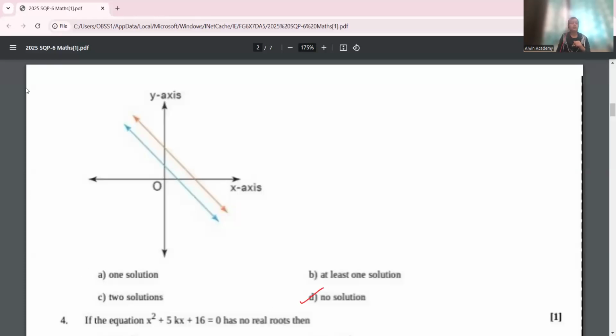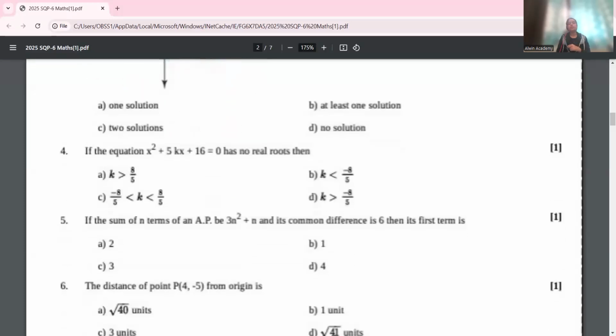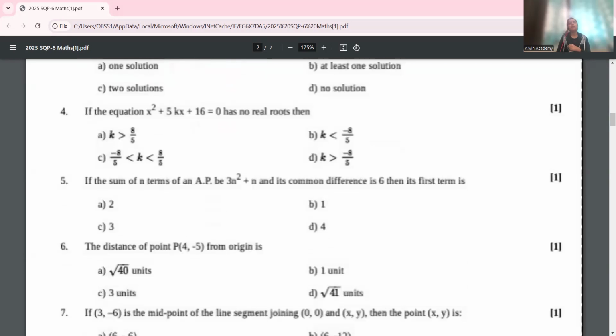Going to the next question, two equations. If the equation x square plus 5kx plus 16 is 0 has no real roots, then, for an equation to have no real roots, we know that the discriminant D should be less than 0. Thus, we are putting in the values of b square minus 4ac, which would give us 25k square minus 64 is less than 0, or 25k square is less than 64, or I can say k square is less than 64 by 25.